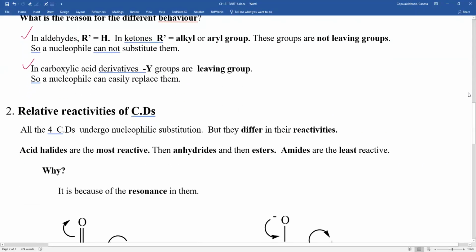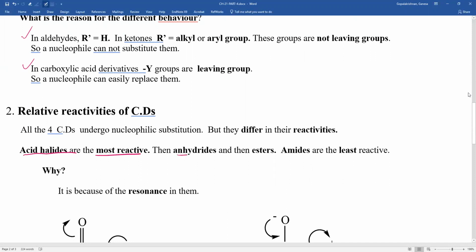So the point is all carboxylic acid derivatives undergo nucleophilic substitution. But if you compare the reactivity, some react slower, some react faster, of the four. Which reacts faster? Acid halides are the most reactive.